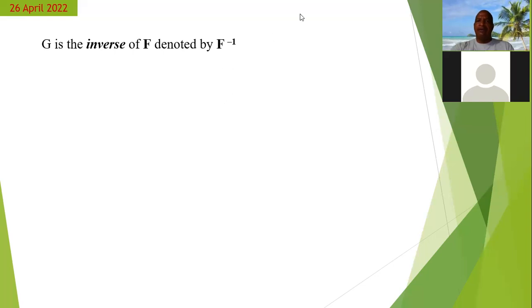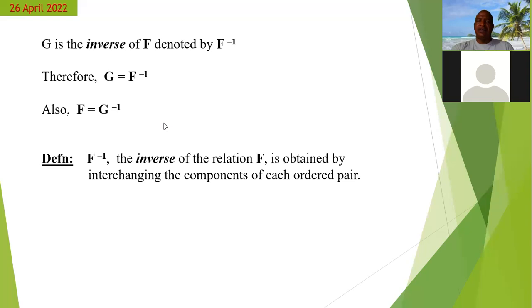So if f is a function, then the inverse of f is written as f to the minus 1. So g here would be f inverse, and f here would be g inverse if you're doing it vice versa.